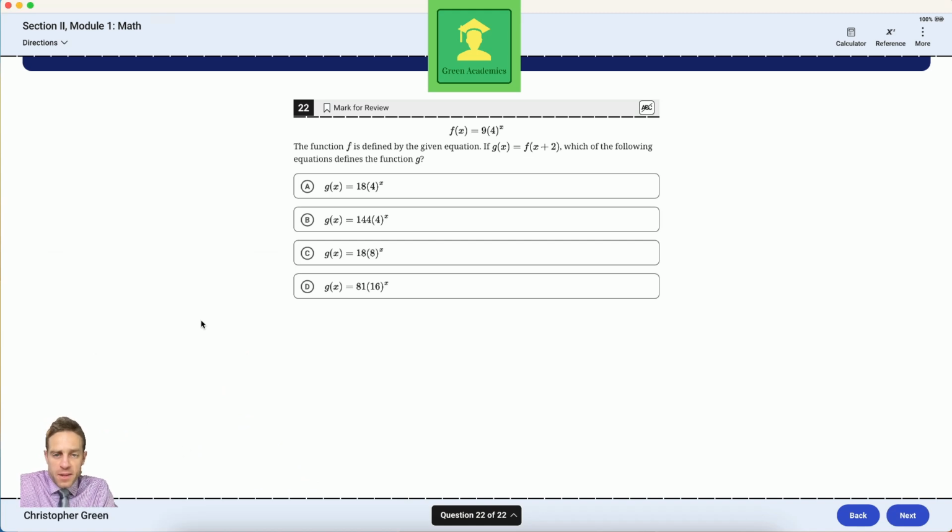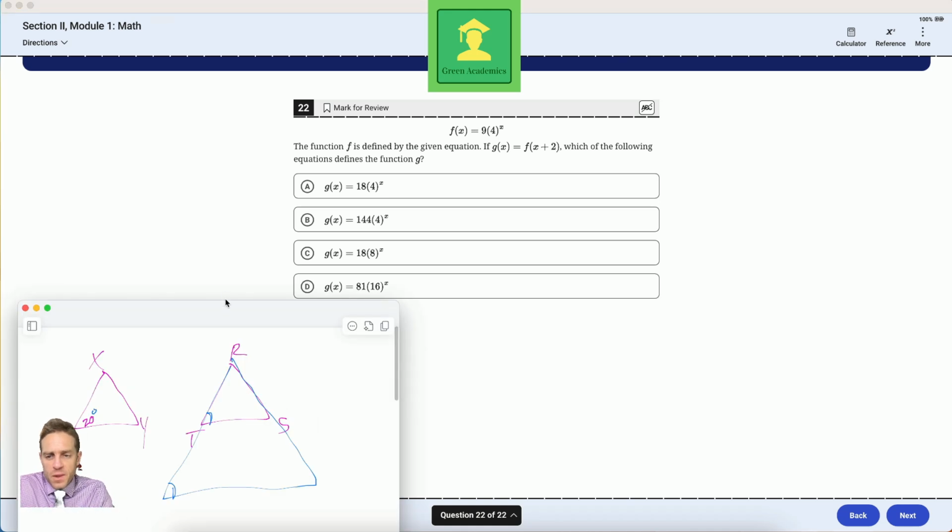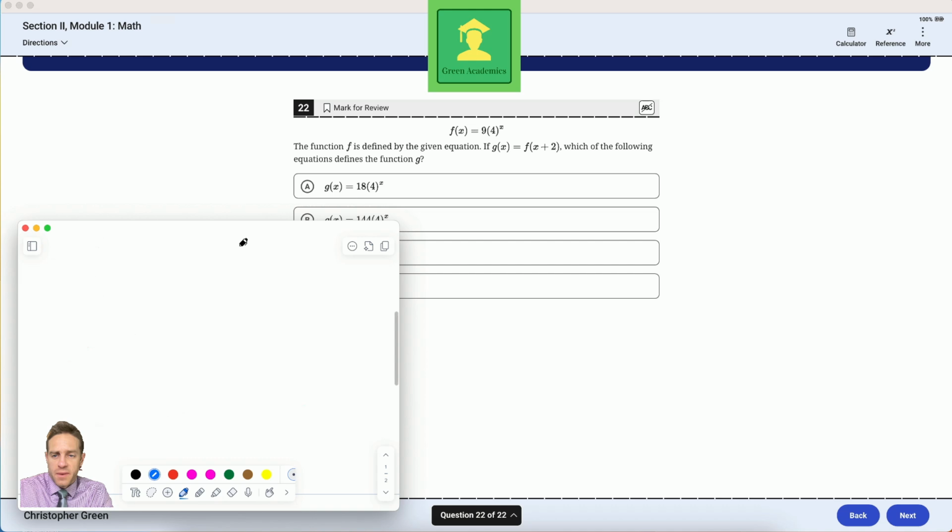The function f is defined by the given equation. If g of x is f of x plus 2, which of the following equations defines the function g? Okay, so let's write out what this actually means. The meaning of g of x being f of x plus 2.